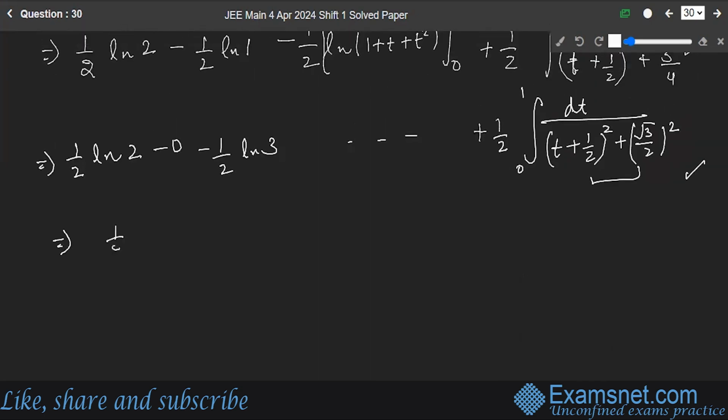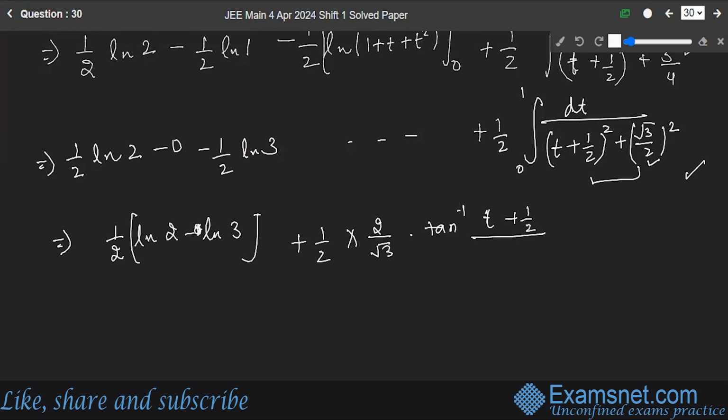This gives me half of log of 2 minus log of 3, half I'm taking common, plus 1 by 2. Now a is root 3 by 2, so 1 upon root 3 by 2 will give me this into tangent inverse of t plus 1 by 2 divided by this thing. Hope you're clear with this.